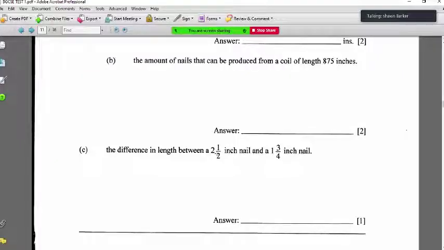So if you don't know the process, then it's just going to be a little bit more difficult. But once you practice and once we go over these multiplications and additions of improper fractions, then it'll become simple and easy.